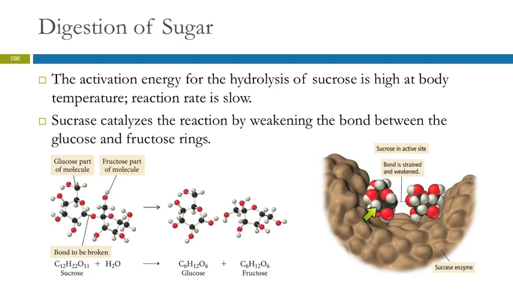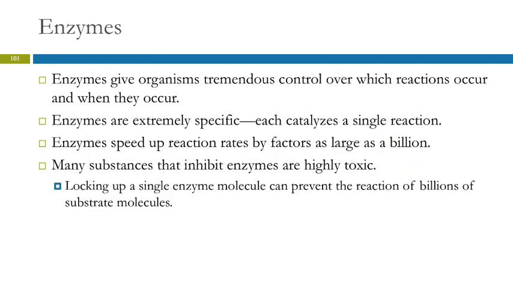And it's shaped such that when these bond, which is very favorable, it puts strain on this bond. It pulls it tight, and it's really easy to cut it. So it's much easier to break this bond when it is strained, and it's strained because the enzyme is holding the molecule in a specific position. Any questions about that?